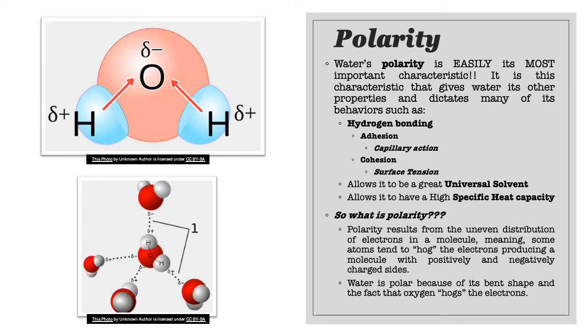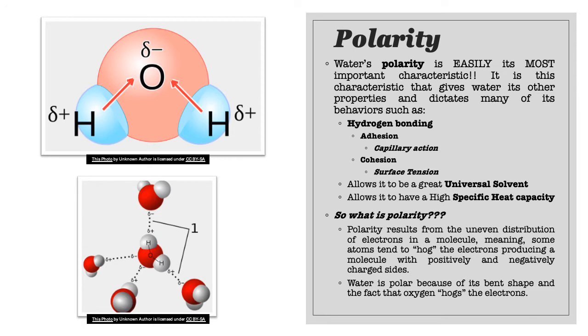In the case of water here, we have a slight negative charge here. I'm going to circle that. And that little symbol, remember, means that it's a partial charge. So it's not a full-on charge like you'd get with an ion, a charged atom that's forming a compound. It's just a little partial charge.